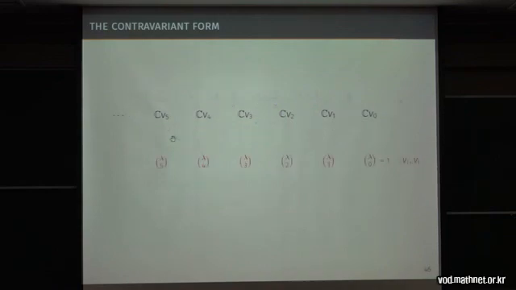And what I get is the following. Here I'm indicating the pairing of Vi with itself. That's all I need to know.